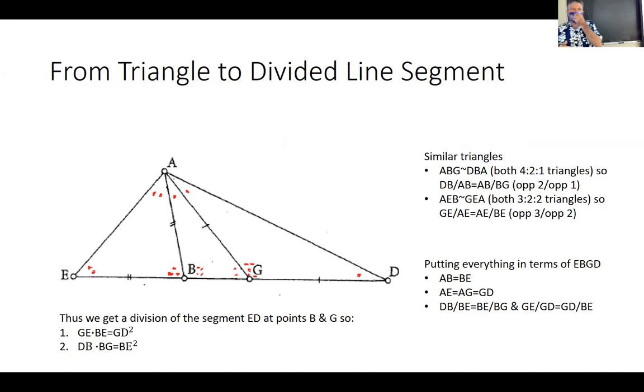What Abu Sal did was he looked at this and he thought conic sections, right? So what we want to do is come up with conic sections where GD is going to be an ordinate, yes, BE is going to be an ordinate, and one of these things is going to be an abscissa.